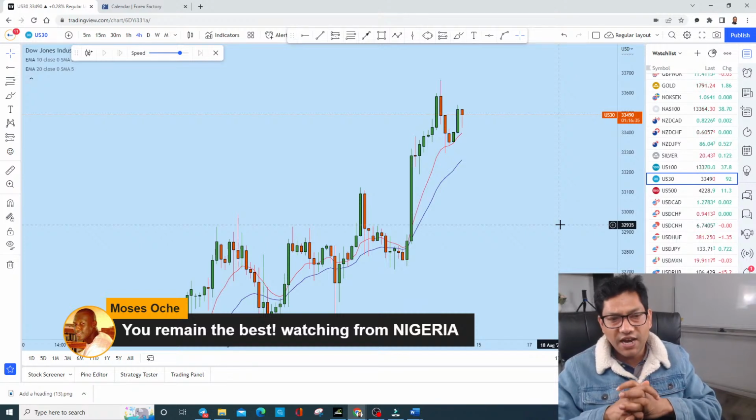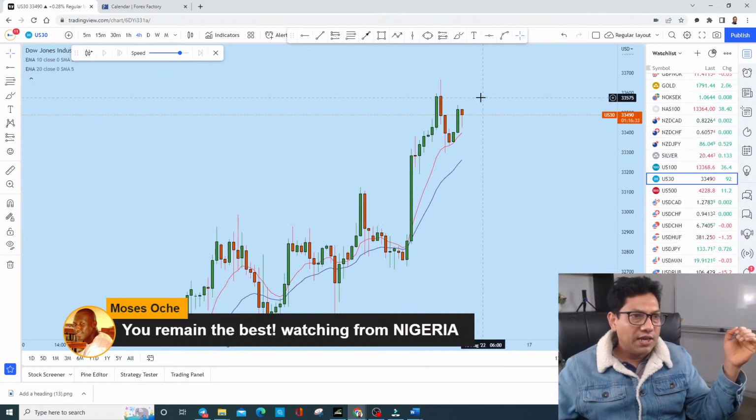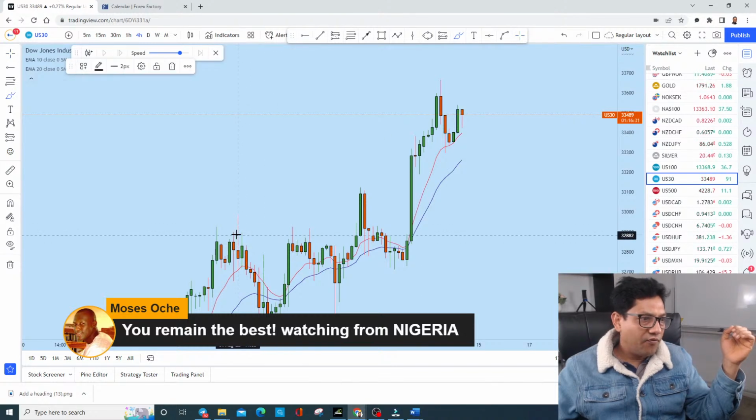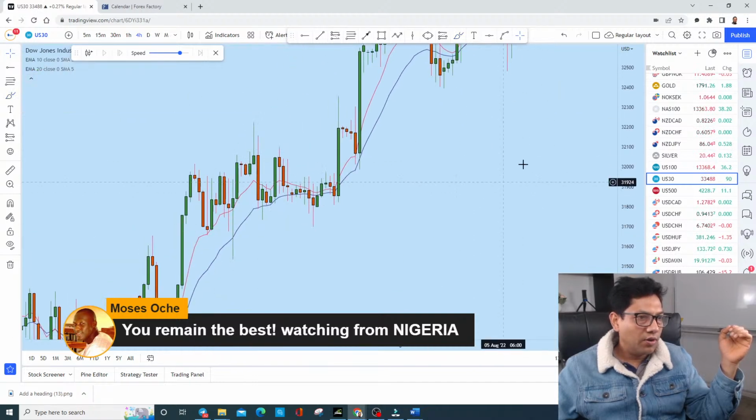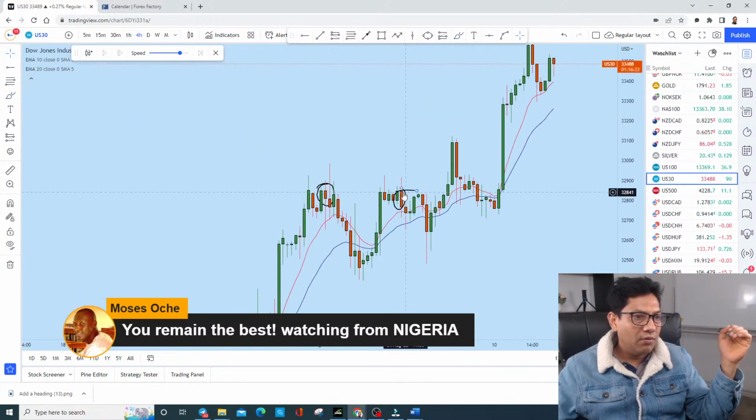So what do we mean by time? You see there is a candle here formed like that, and a candle here formed like that. When you look at the naked chart, you will not understand what happened in these candles.